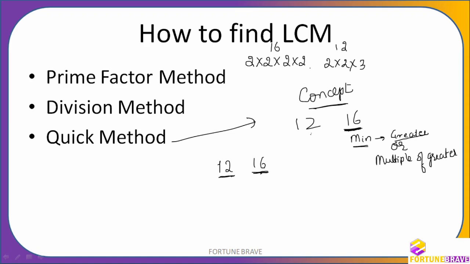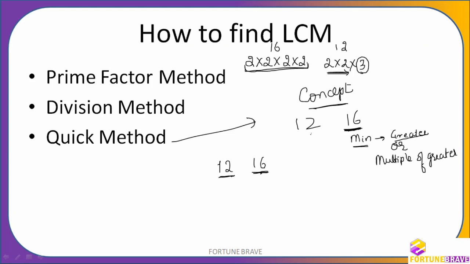This quick method is coming from here only, my dear friends, but with a new concept. That LCM has to have all these factors. The only thing it doesn't have, which it should have extra, is this 3, which we are going to multiply, yes or no.